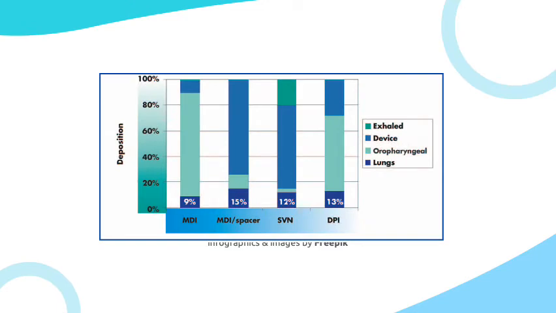Despite variations in the amount of oropharyngeal deposit or loss to the devices, most of these devices are comparable in their efficiency to deliver a therapeutic amount into the alveoli.